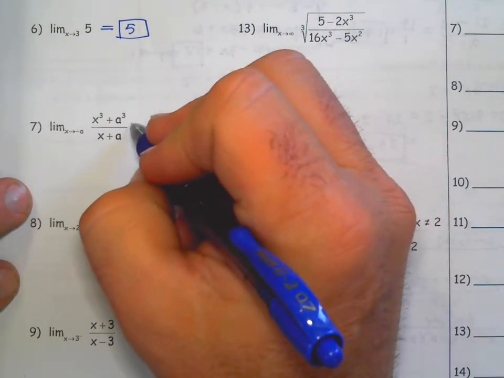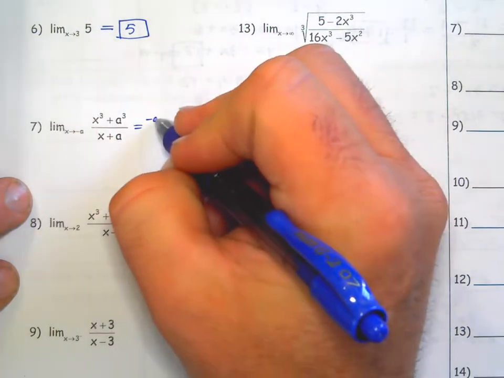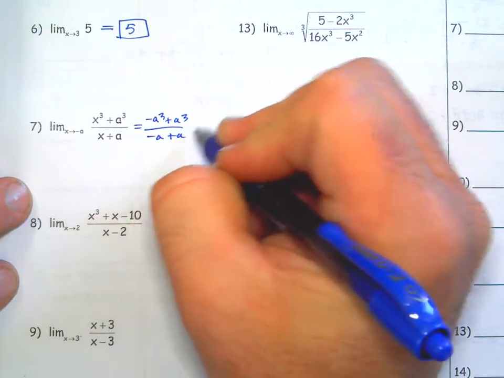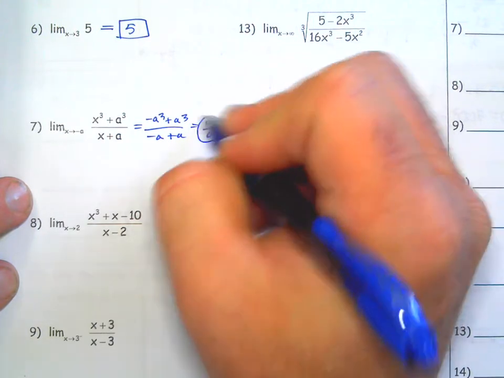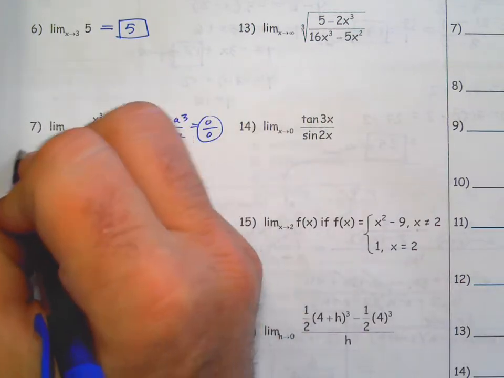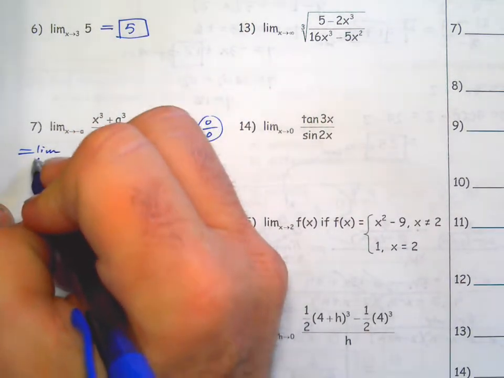Number 7, if I plug negative a in, I get negative a cubed plus a cubed over negative a plus a, which gives you 0 over 0. So I'm probably going to have you do this problem 2 ways. One, factor out the hole.